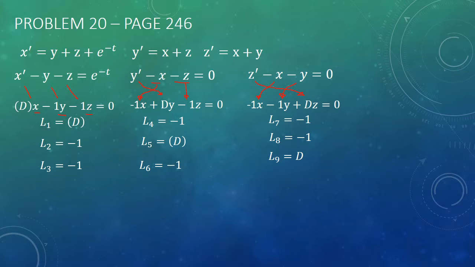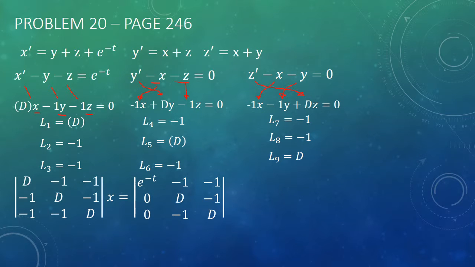So 7 is -1, 8 is -1, and 9 is d. So I need to create my 3 by 3: L1, L2, L3, L4, L5, L6, L7, L8, L9, and that's my Wronskian that we can find. I should say it's like a Wronskian. It's technically not a Wronskian.